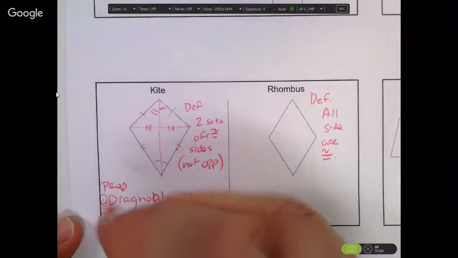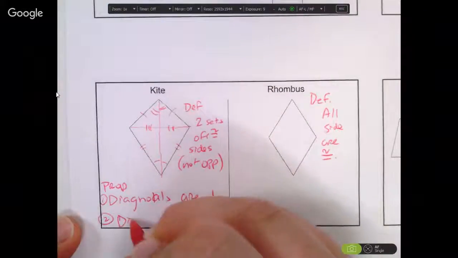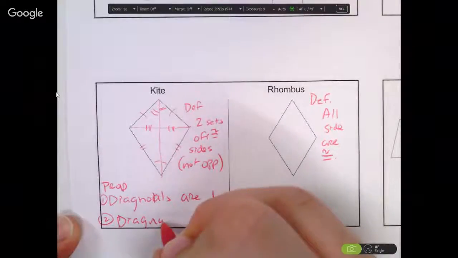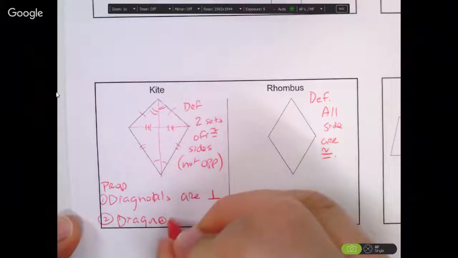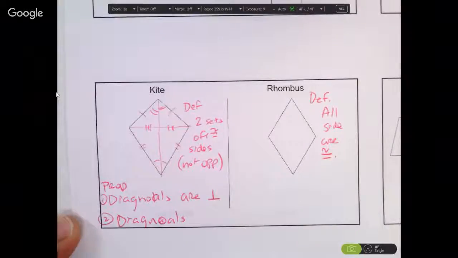How do you spell diagonals? It's up on the paper. D-I-A-G-O-N-A-L-S. It's on the paper. Where's it on the paper? By the timer thing. Diagonal of the rectangle.